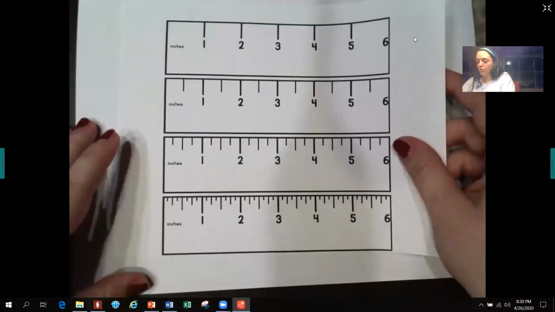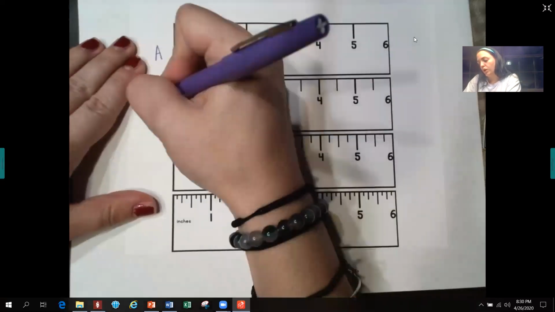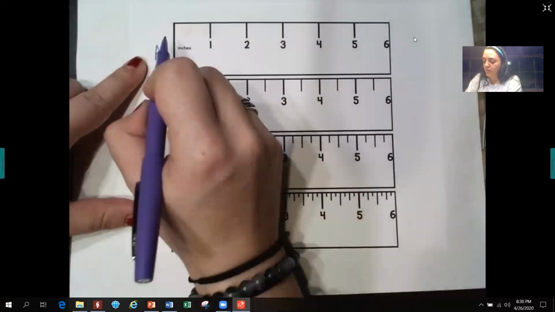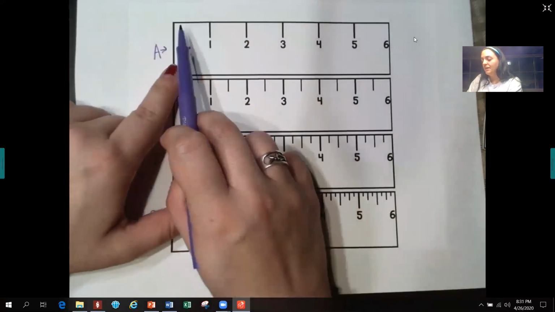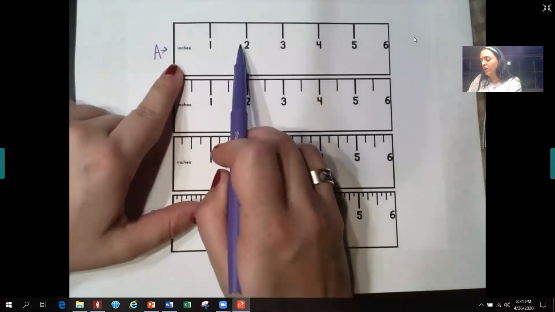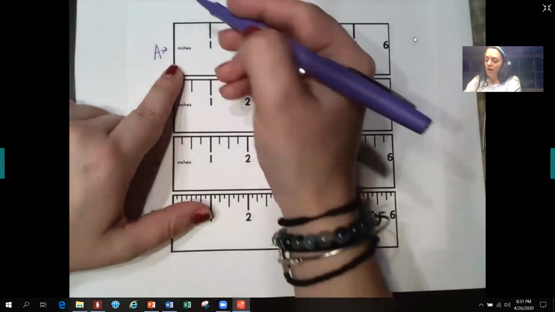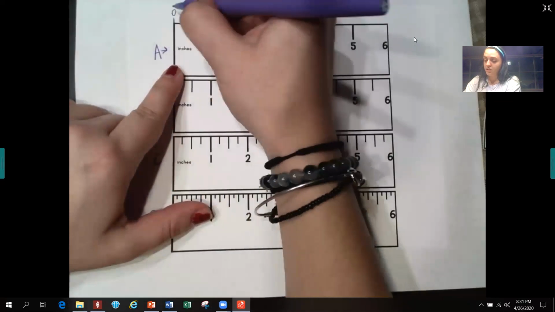So let's start out by looking at a few of my paper rulers. My first ruler, ruler A, this one right here. How is this one partitioned? Well, I see tick marks, and I'm noticing that there are whole numbers at every tick mark. If I'm starting at this end of my ruler, this is always where 0 is.